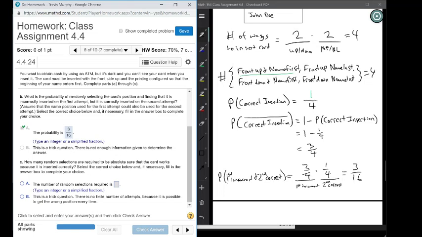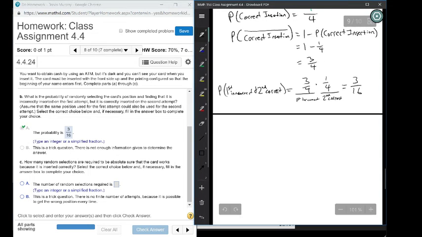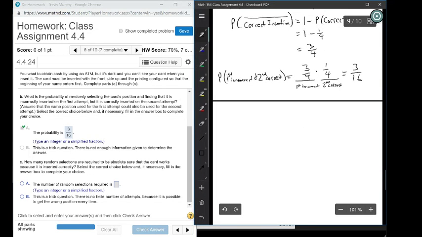How many random selections are required to be absolutely sure that the card works because it is inserted correctly? Well, let's see. If they're random selections, it is possible to get it wrong every time.